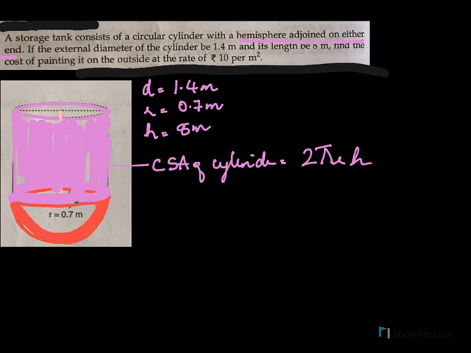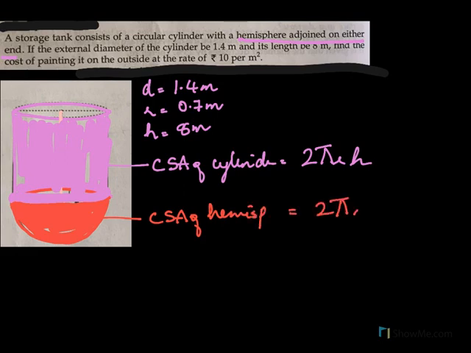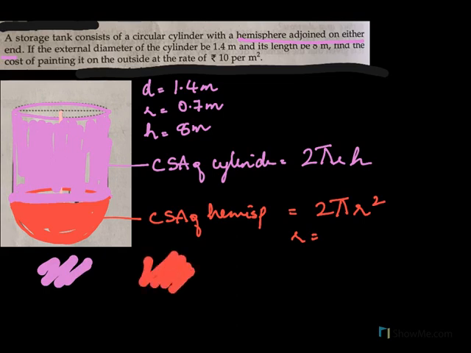There is this hemisphere. So we need to paint the hemisphere too, and so we need to find CSA of hemisphere. And CSA of hemisphere is 2 pi R square, the R of which is also given. And in the end, we need to add these two, and then we get our sum.